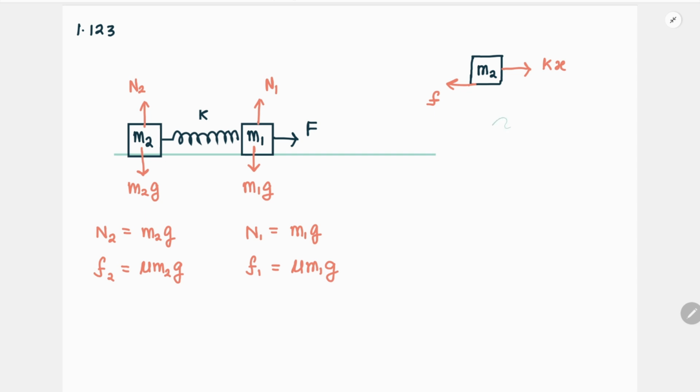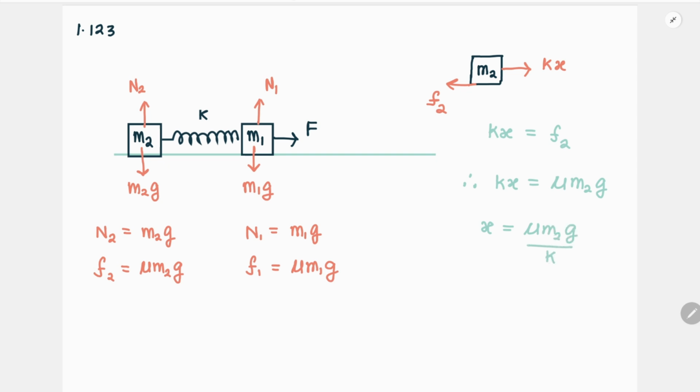The instant Kx becomes equal to the frictional force F2, the second block will start sliding, and therefore Kx must be equal to mu m2g. So from here x equals mu m2g by k.